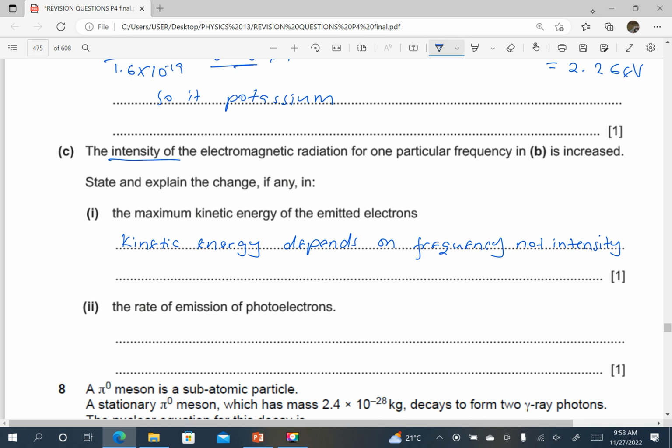Each photon has the same energy, so there is no change because the frequency is not changed for one particular frequency. So each photon has the same energy. So there is no change.